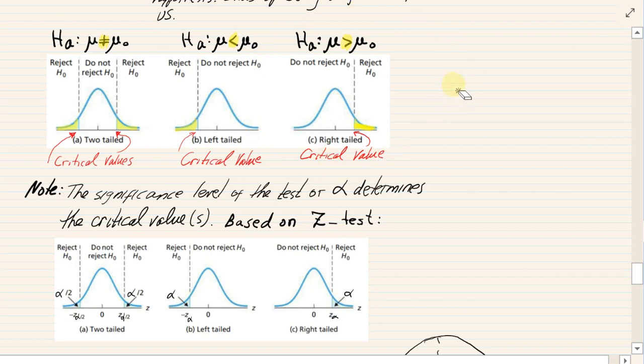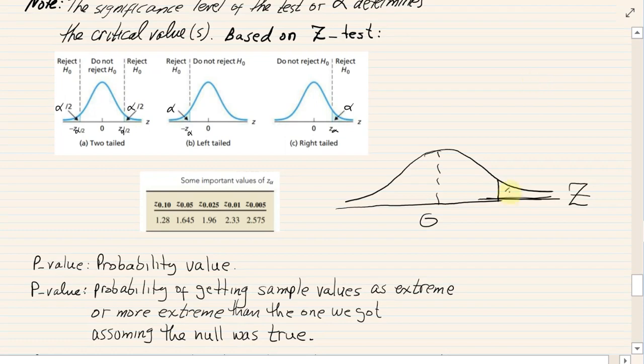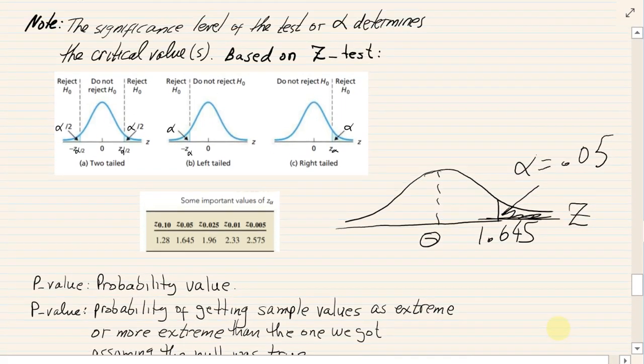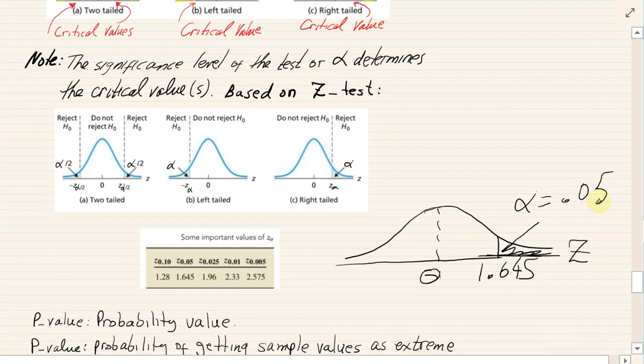If I'm doing a right tail test, and let's say alpha is 0.05, then the critical value is 1.645. There you go. So my test statistic will give me a number. That's going to be a z-score. That's what our test statistic gives us. So if that number is going to be 1.645 or more, we're going to reject the null. Okay. And that's all that is. Again, Megastat will give us these critical values.